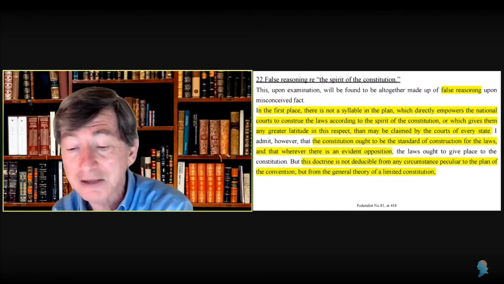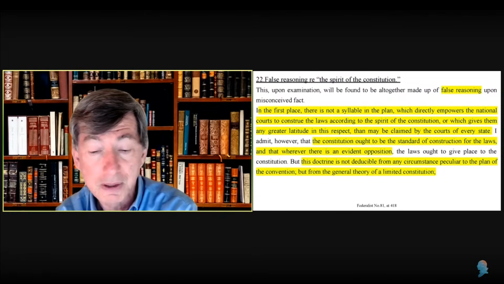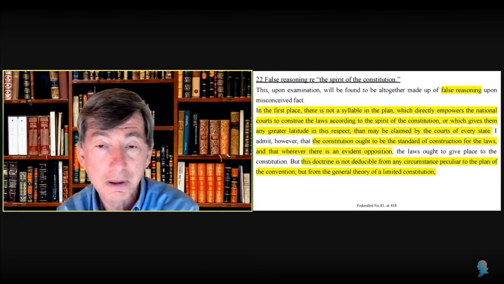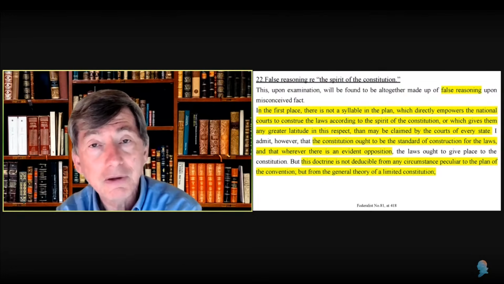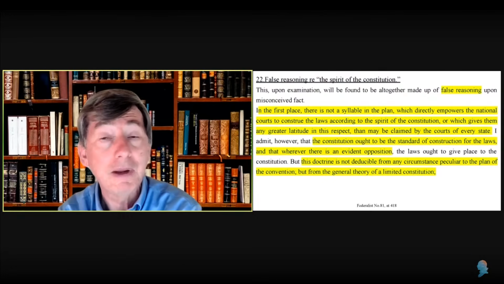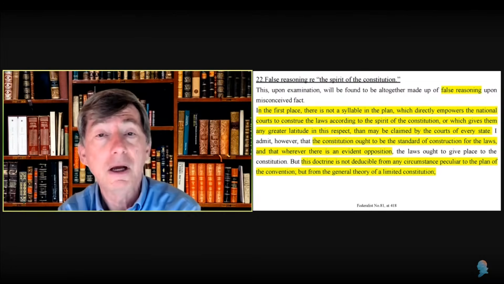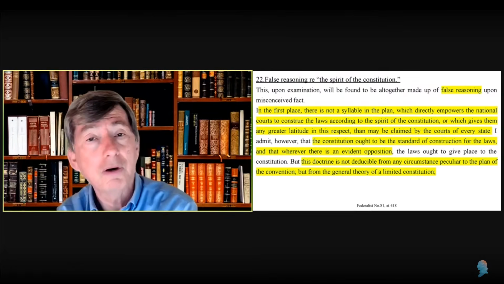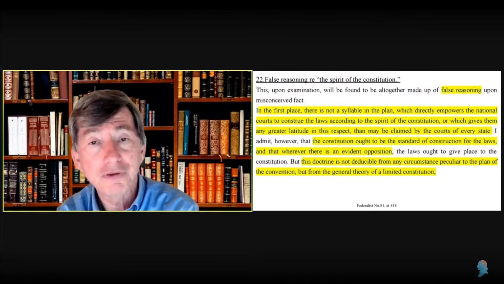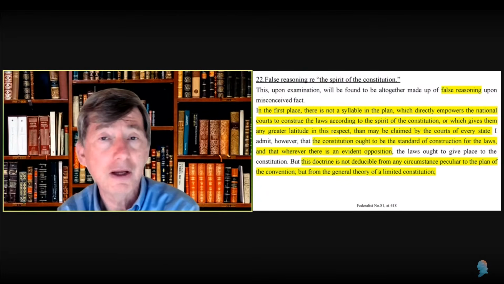This doctrine is not deducible from any circumstance peculiar to the plan of the convention, but from the general theory of a limited constitution. Well, since the progressive era, the limits on congressional power have been basically taken away. And in large part, we don't have a limited constitution. Indeed, why should courts say that there's a presumption of constitutionality of a federal statute?